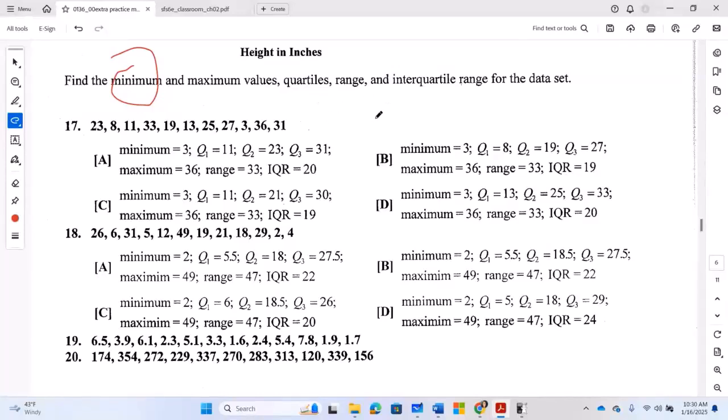First of all, we want to remember from elementary school that the range is maximum minus minimum. The range is maximum number minus minimum number.